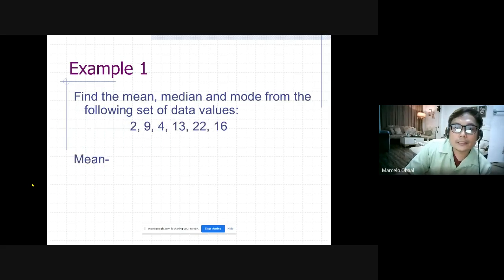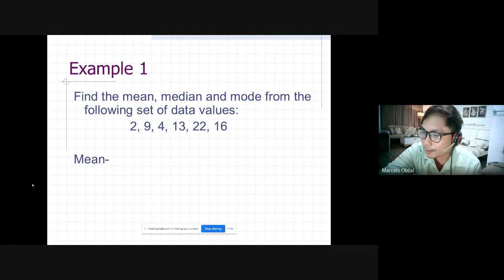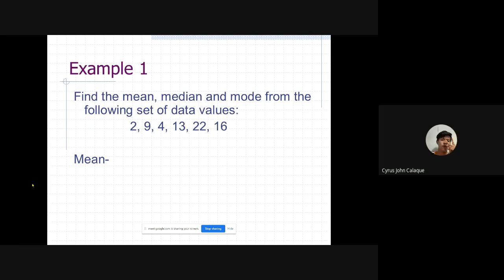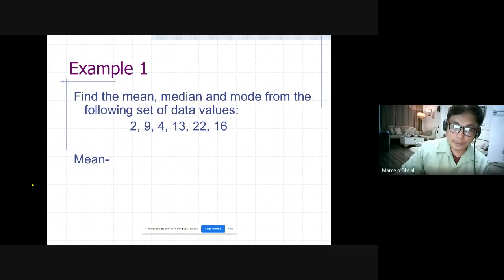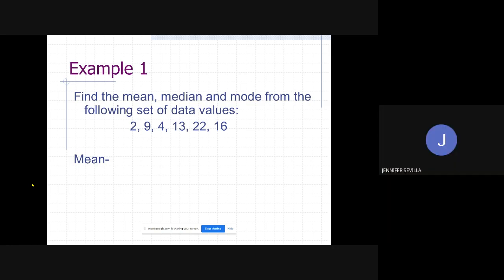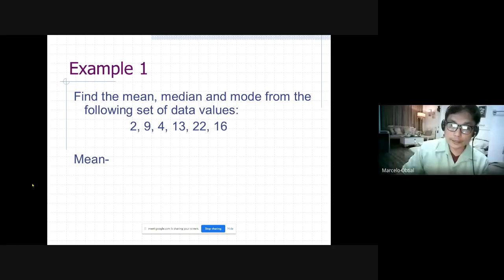Example. So, mean tayo dito. 2, 9, 4, 13, 22, 16. Kelly, try. Average, ma'am, sir? 11, sir. 11 po. So, did you get the same answer, 11? Very good.